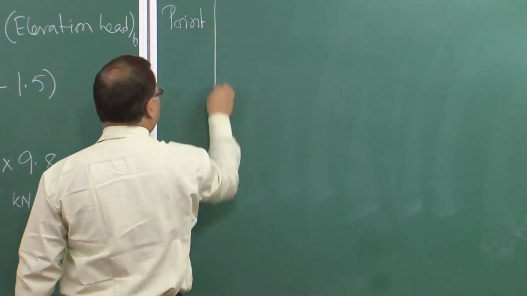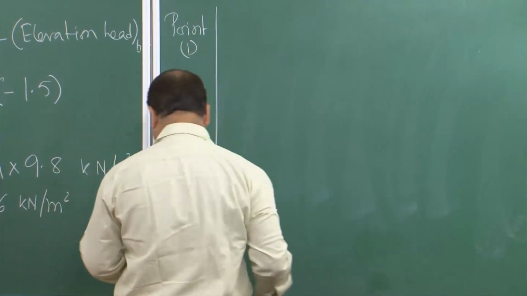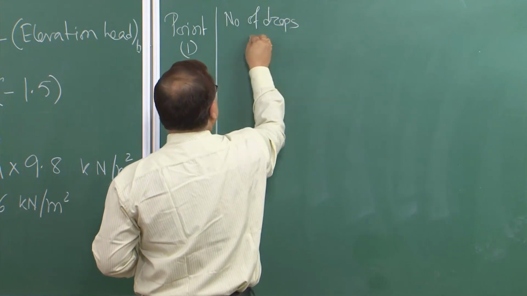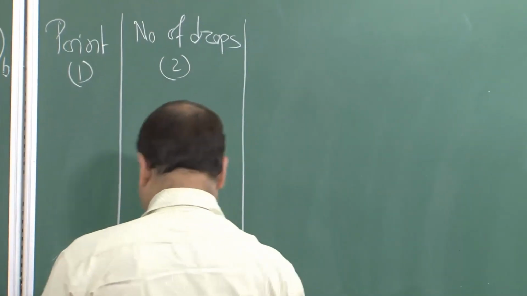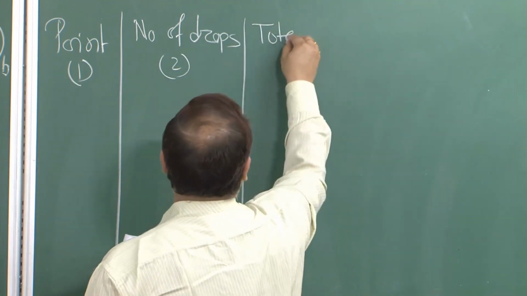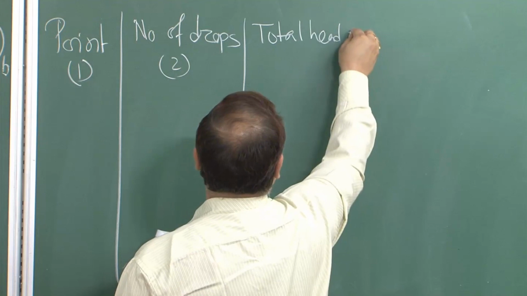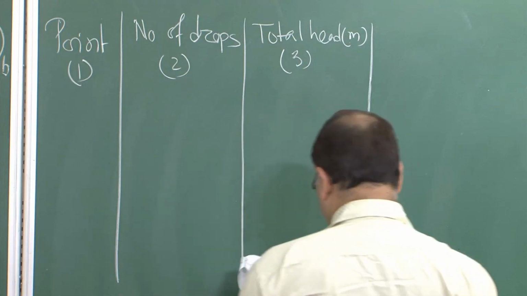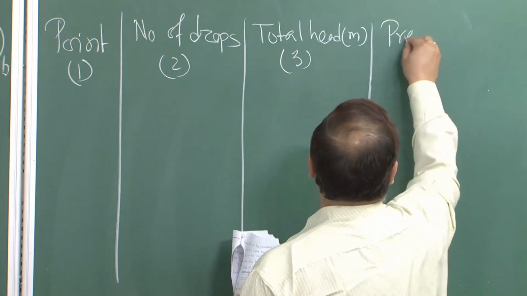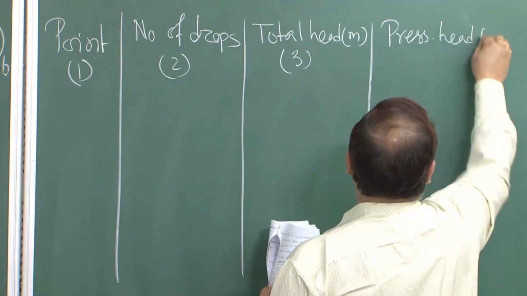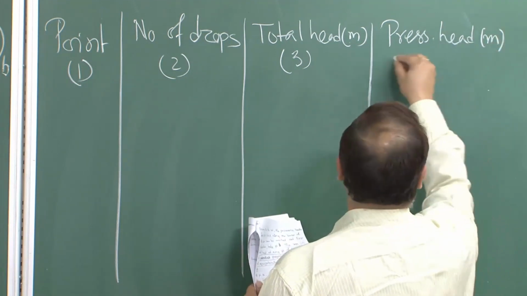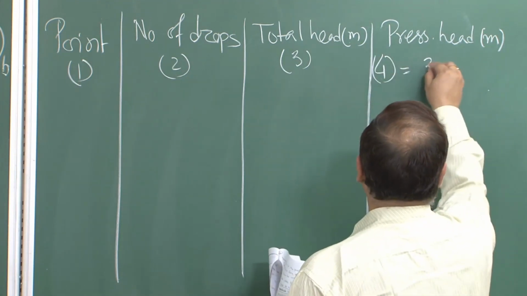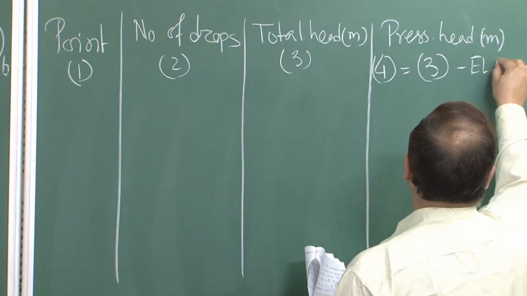Point, that is column 1, number of drops, that is say column 2, total head in meter, that is say column 3, pressure head in meter, say column 4, which is nothing but column 3 minus elevation head.